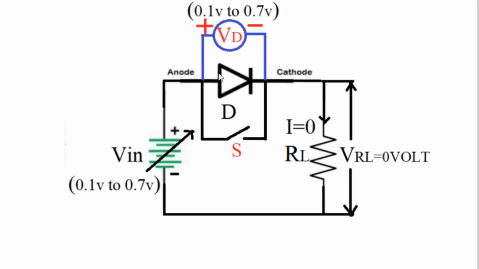The diode D, anode of the diode is over here, cathode of the diode is over here, anode is connected to positive of battery, cathode is connected through resistor RL to the negative of the battery, and again here input voltage Vin applied to the diode is such that anode is to the positive, cathode to the negative of the battery, but input voltage is less than 0.7 volt, that is below 0.7 volt.